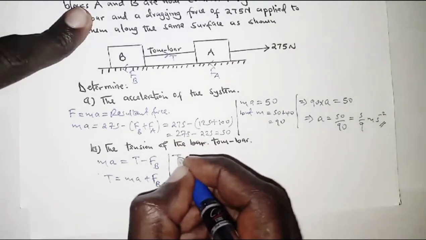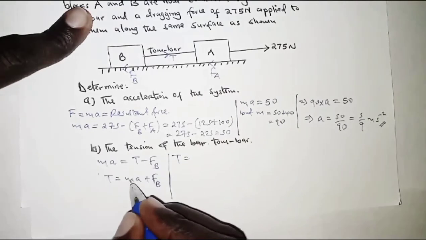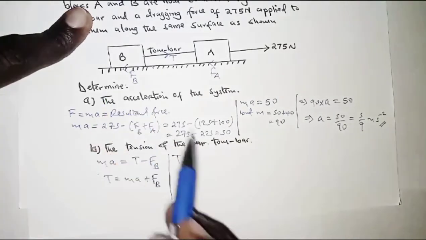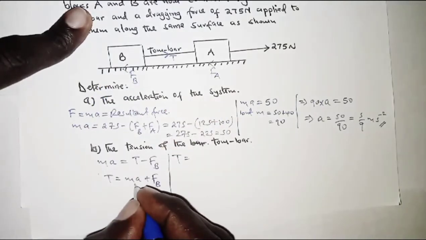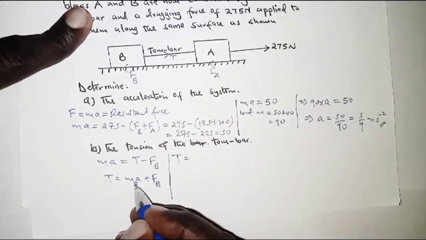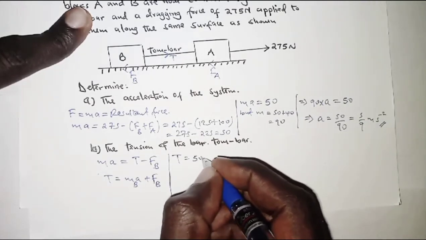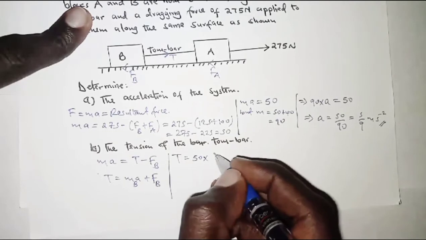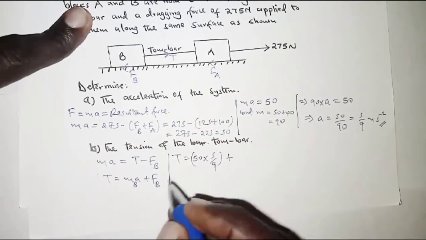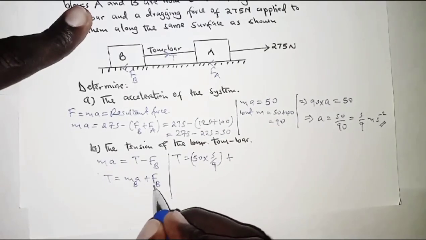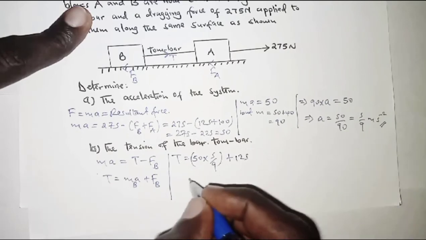So the tension on the tow bar is therefore given by the mass of B. Remember, we are pulling block B, so this will be the mass of B times acceleration. The mass is 50 times the acceleration we already have as 5 over 9. And then we add that to the frictional force on B, which we already have as 125.